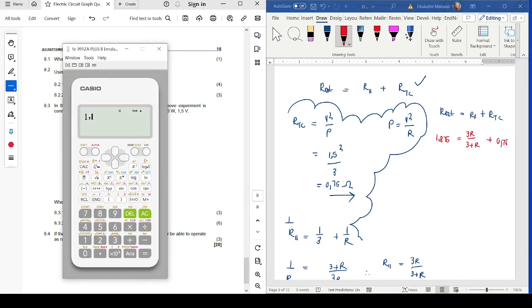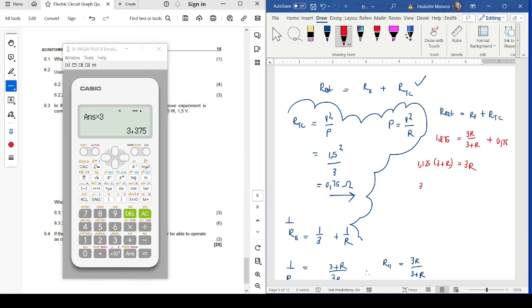So 1,875 minus 0,75, and that is 1,125, which is multiplied by 3 plus R, and that is equal to 3r. So now we have 1,125 multiplied by 3.